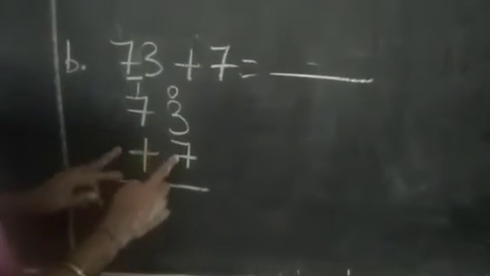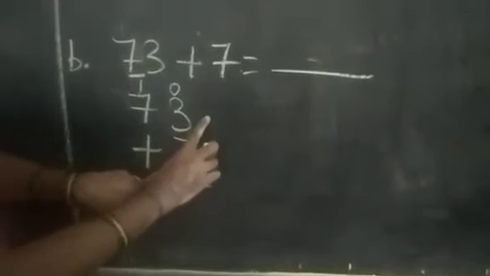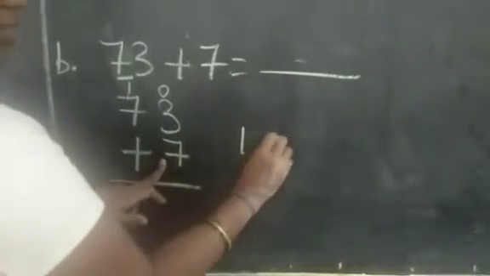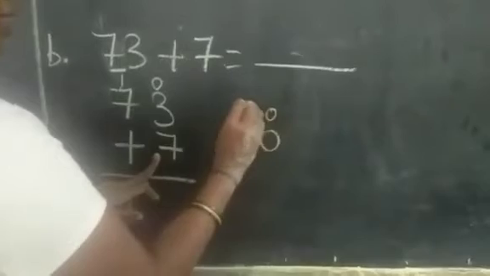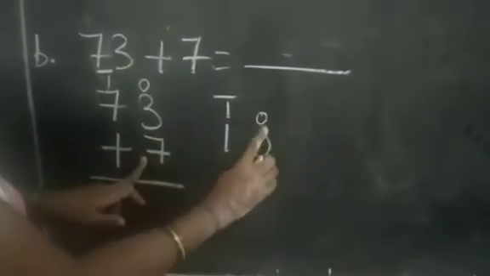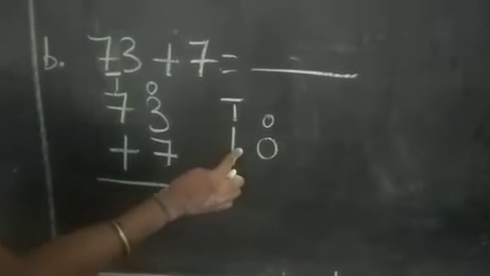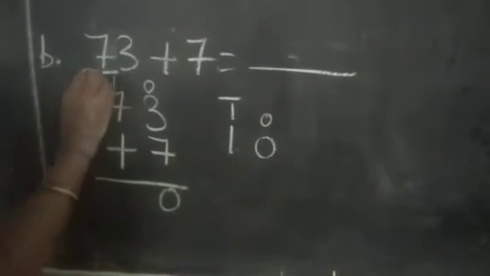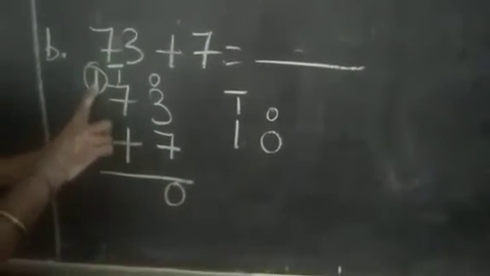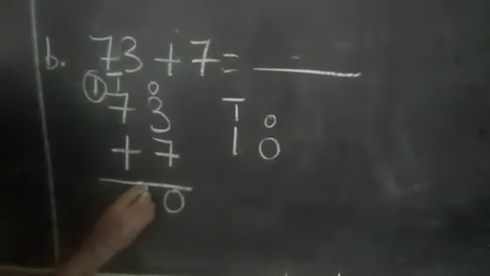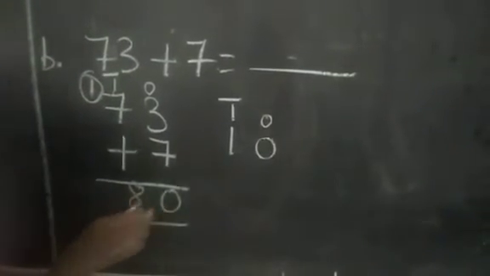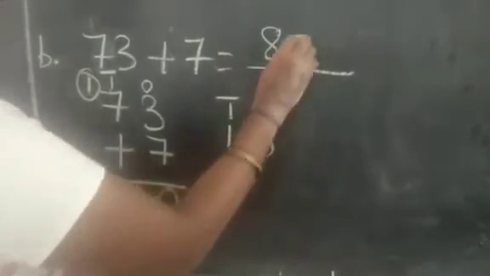So 7 plus 3: 7, 8, 9, 10. So I am writing here 10. In the ones place we write 0. In the tens place this 1 we have to carry. So 7 plus 1 is 8. The answer is 80. So we are writing here 80.